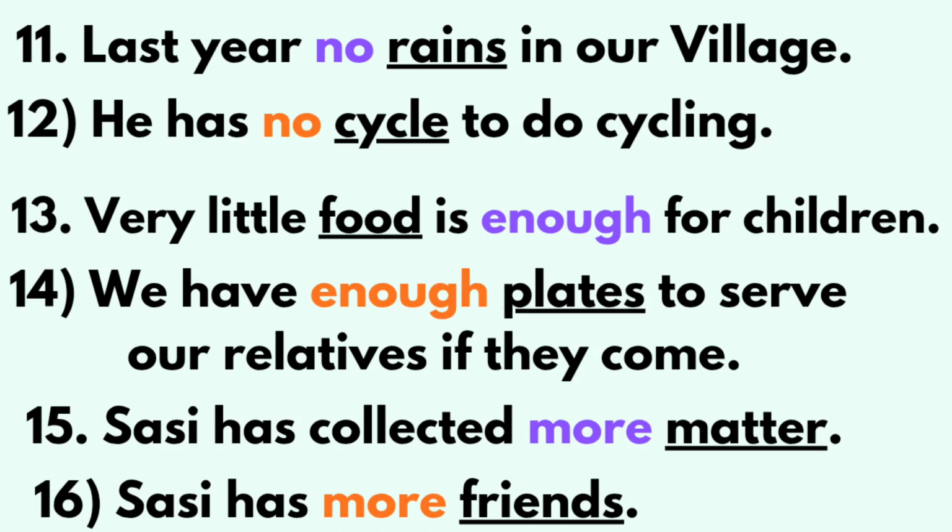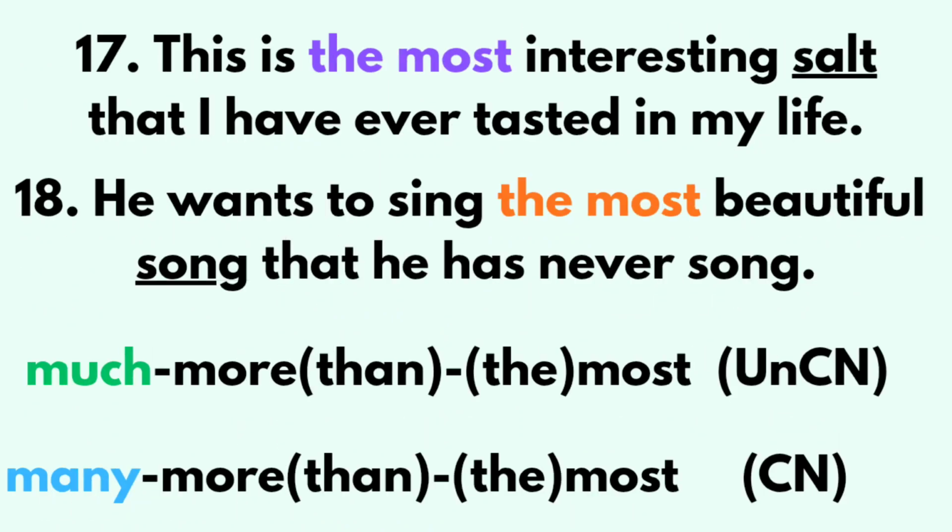We'll see some more, okay? This is the most interesting salt that I have ever tasted in my life. Here, salt is uncountable, and the most is a quantifier. He wants to sing the most beautiful song that he has never sung. In this example, song means a singular countable noun.